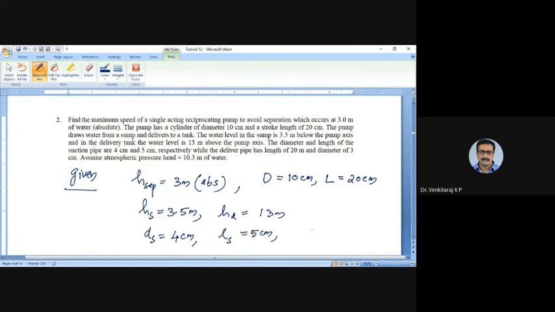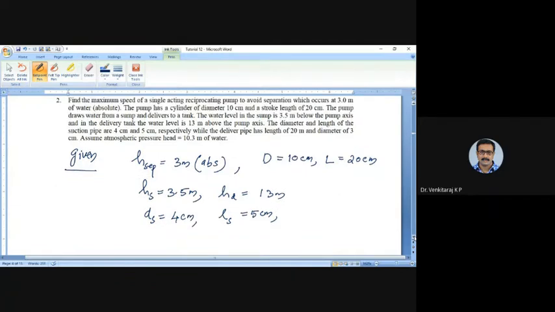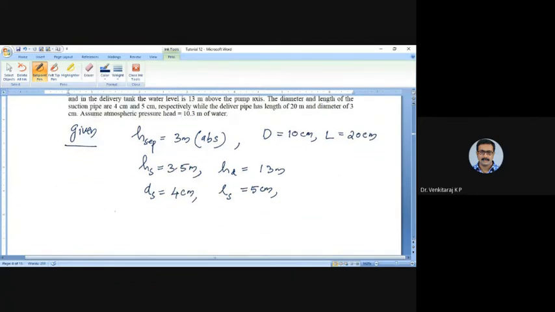Then the delivery pipe diameter is 3 centimeter and its length is 20 meters. So these are the data given to us.